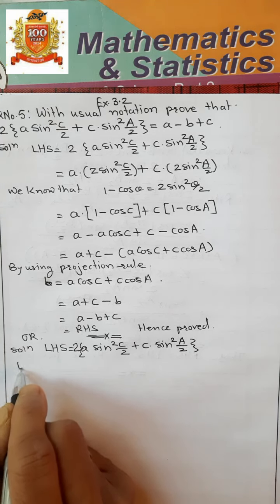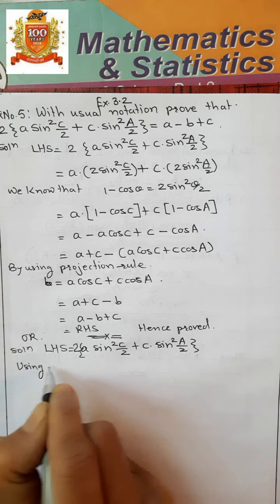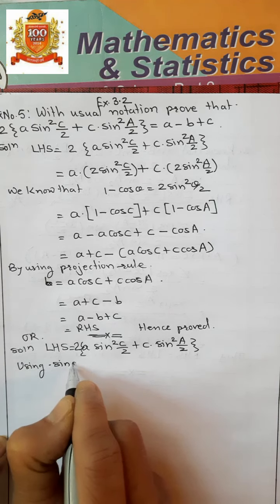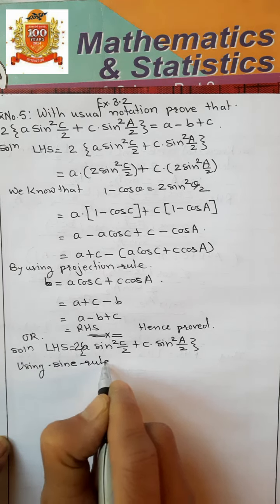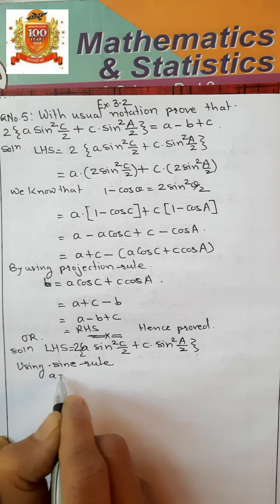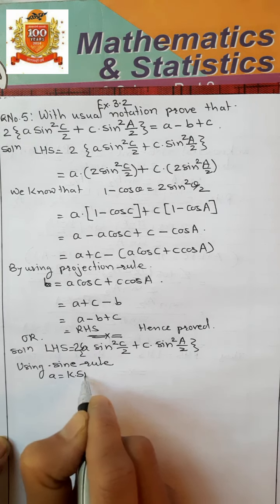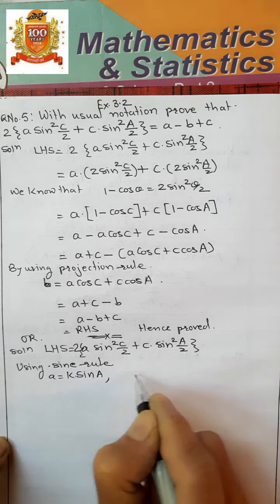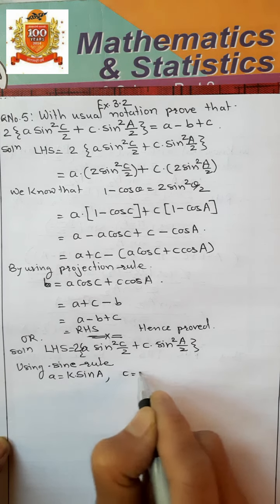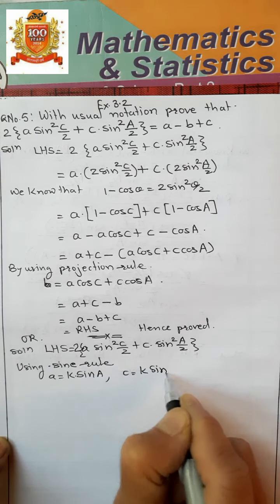Now using sine rule, a is equal to k sin A and c is equal to k sin C, we can write.